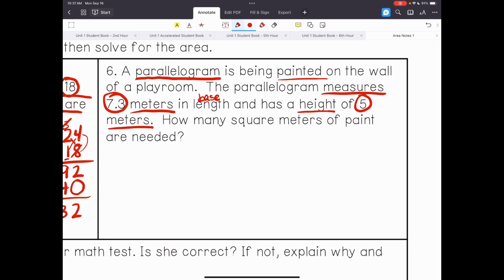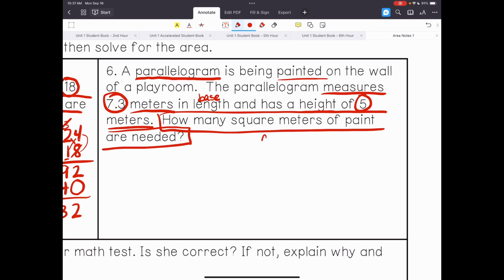It's a really big parallelogram. How many square meters? So again, it's asking us the question of how many square meters. You have to know that square meters is referring to area. So right here, this is asking about area.